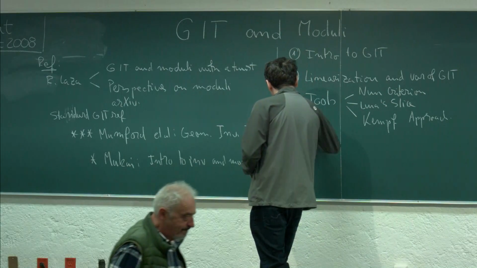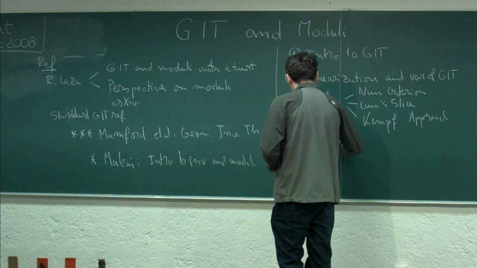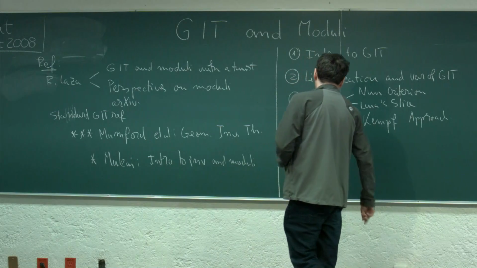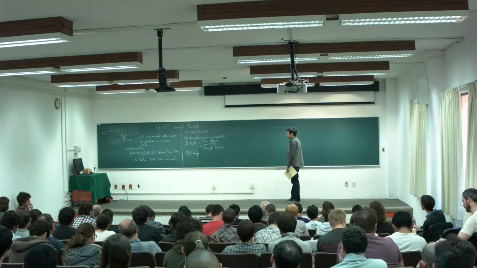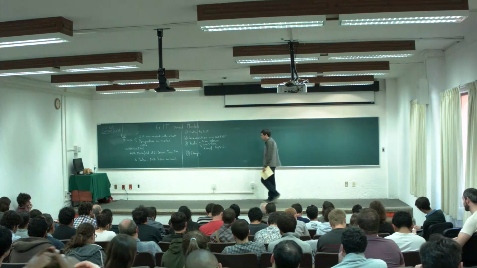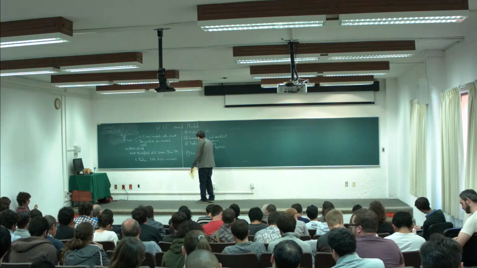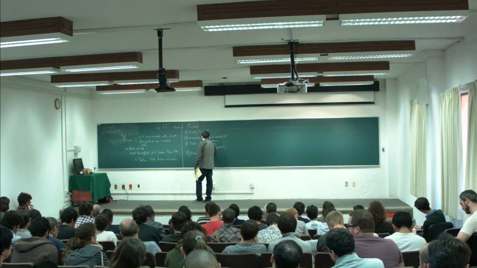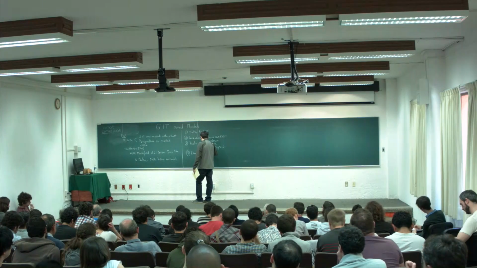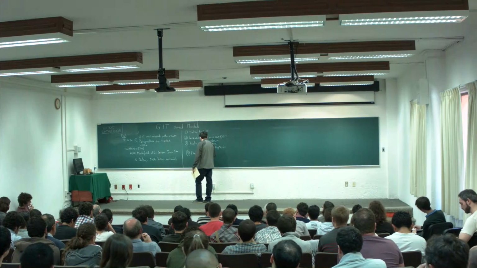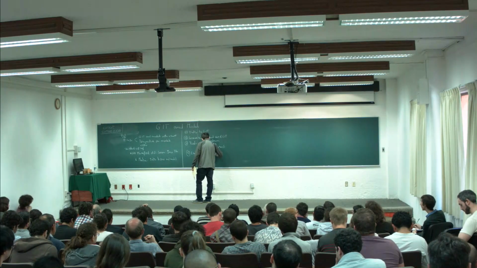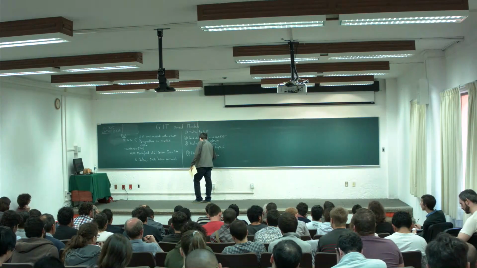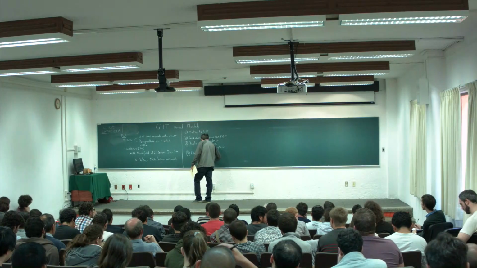The fourth day would be examples. Of course, the examples will be throughout the lectures, but here we'll discuss in more detail. First of all would be curves, hypersurfaces, and K3s, low degree.